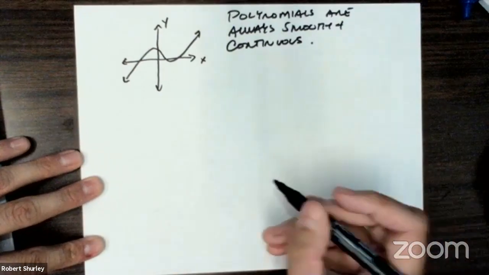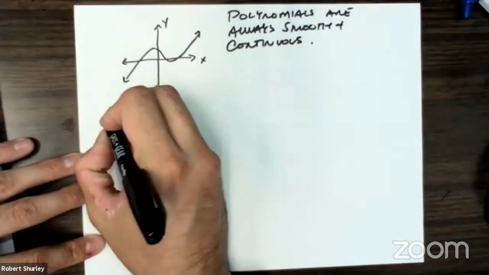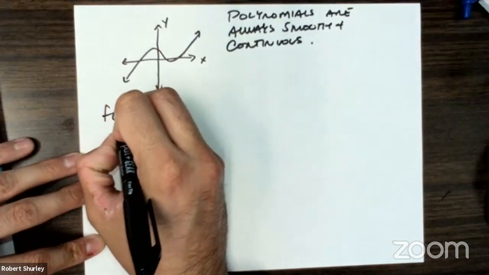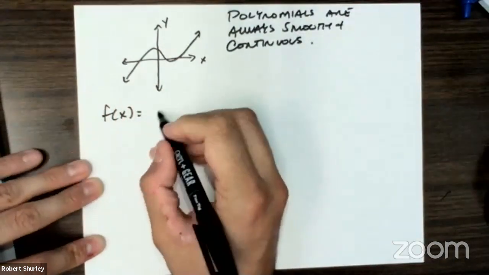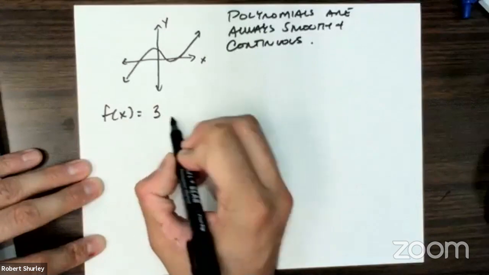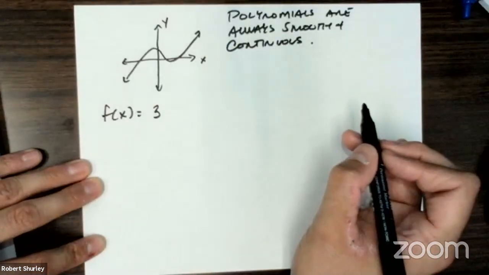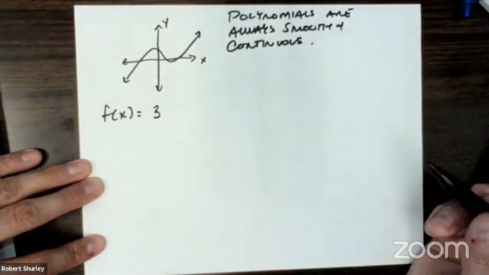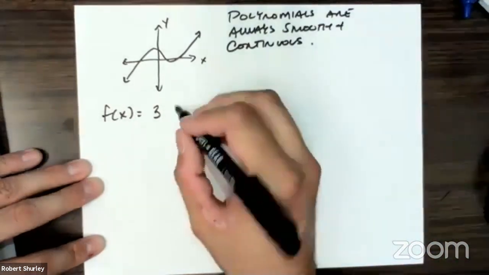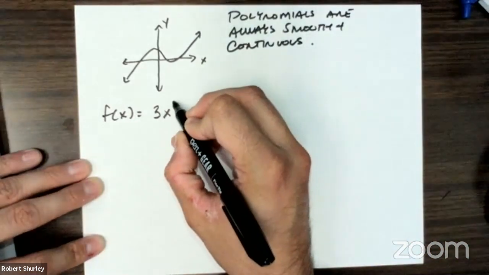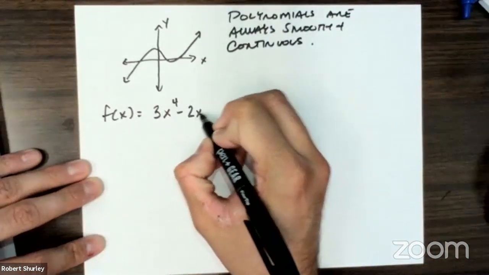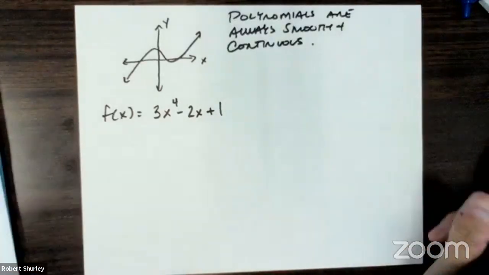So let's look at this first example. We've got f of x equals, let's say, 3. Now I'm going to write these in descending order so we can easily spot the leading coefficient. Let's say 3x to the 4th minus 2x plus 1, okay?